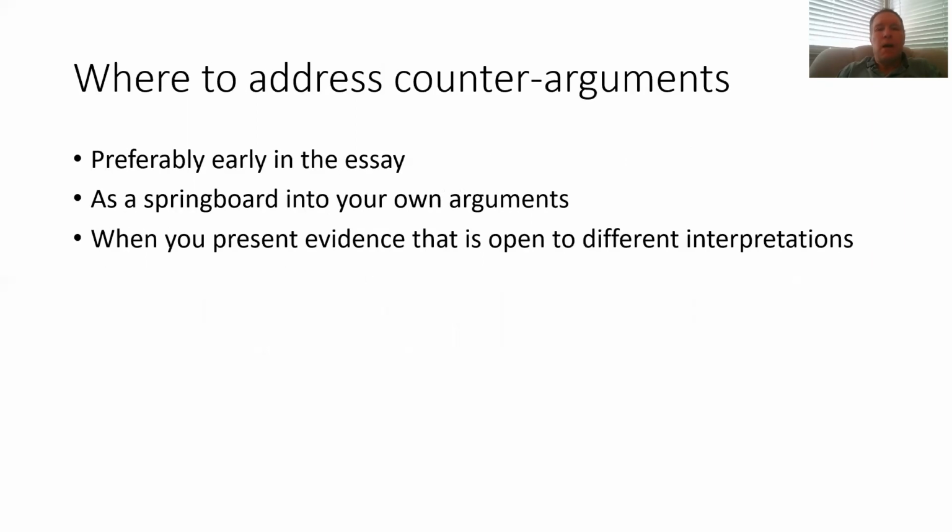Now, what are some places in practical terms where you're going to address it in your essay? Preferably do this early in the essay. A lot of students tack it on at the end, and it's not always the most effective way, partly because you want to end on a strong note with your argument.